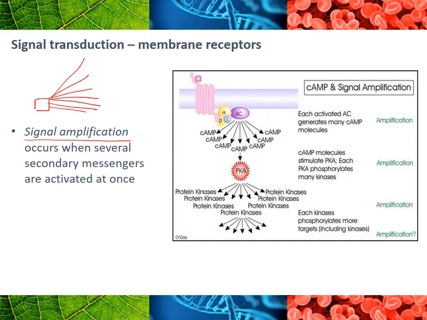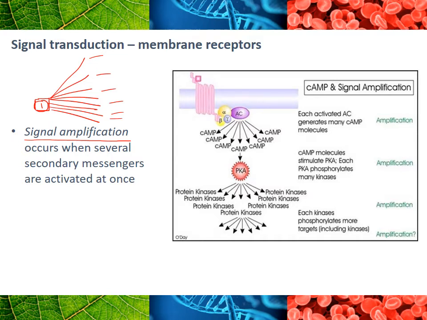You should think of that when you're thinking of this example. We're basically starting with one signal, our primary messenger, and that activates a bunch of different messengers, and that is called signal amplification, when several secondary messengers are activated at once.